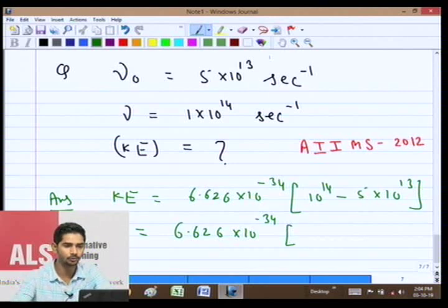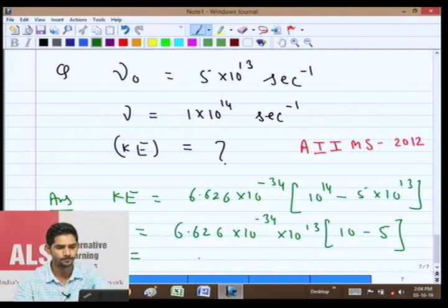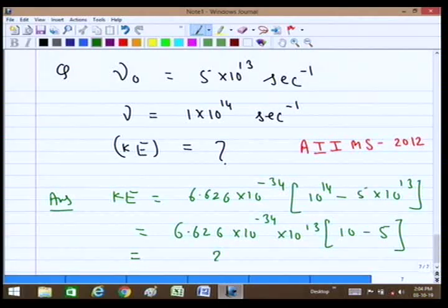Take 10 to the power 13 as common. On taking common, we'll get 10 minus 5. So this is 2. So this is 12 to 10 to the power minus 21.